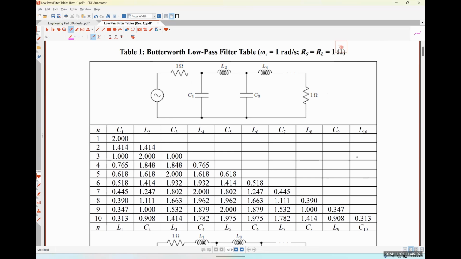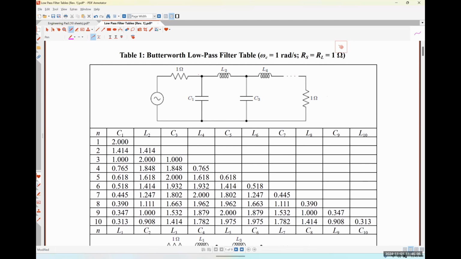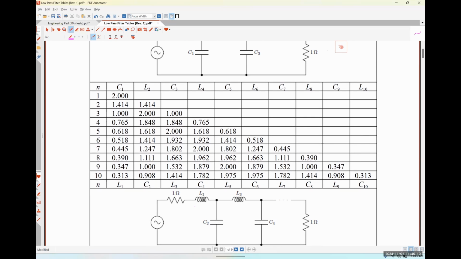So if we want the capacitor in shunt, we read the table going from top to bottom. If we want to start with an inductor in series, we read the table going from bottom to top. So if we wanted a fourth order Butterworth filter where our inductor is in series, then the 0.765 would be the value of this inductor. This 1.848 would be this capacitor.